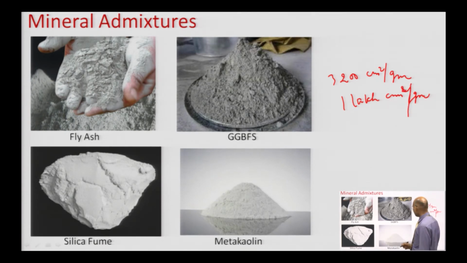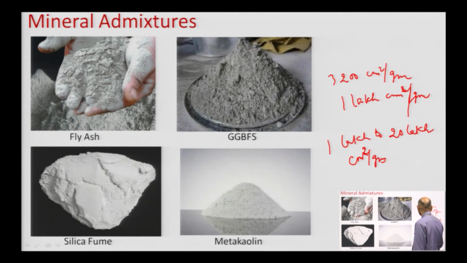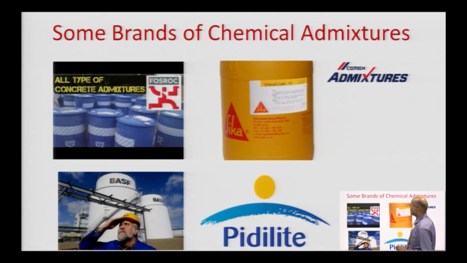And silica fume fineness is much higher. This is between 1 lakh to 20 lakh centimeter square per gram. So, like this we have to use the mineral admixture. Apart from the mineral admixture, we have to use chemical admixture also.